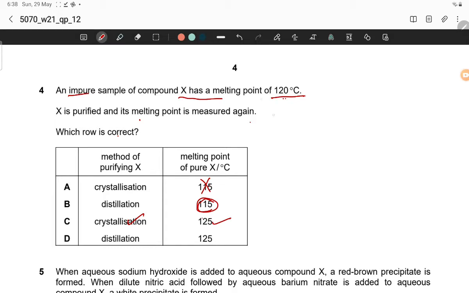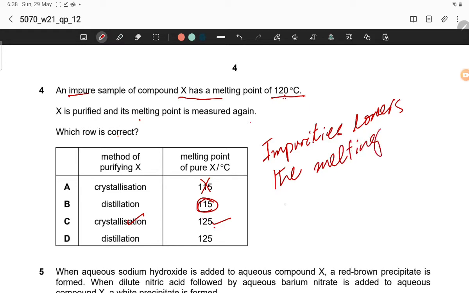The impure sample is 120 degrees centigrade, that is impure solid, because impurities lower the melting point and raise the boiling point.